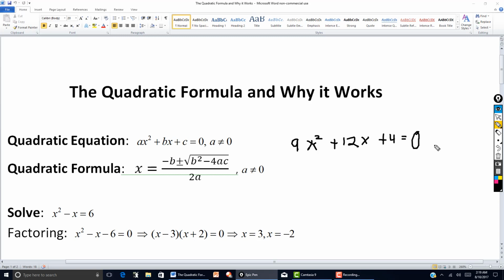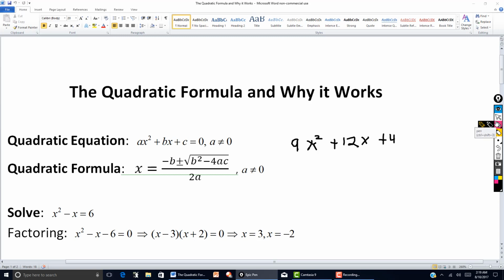Well, I don't want it equal to 0 here. I'm just going to factor this. Here I'm just looking at the trinomial. So this is an example of a perfect square trinomial. Again, a perfect square trinomial is simply one that's equal to the square of a binomial.